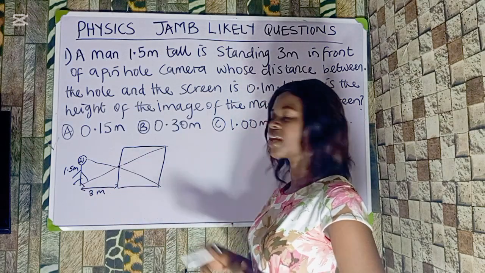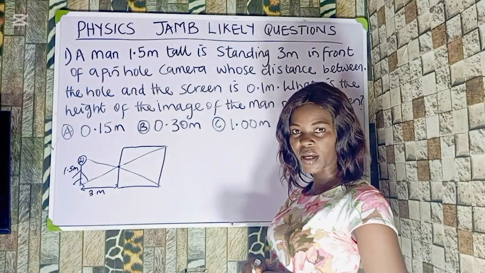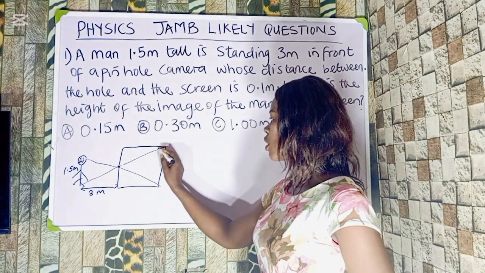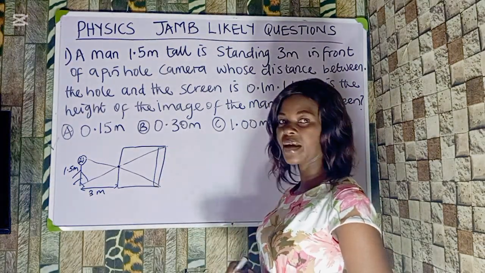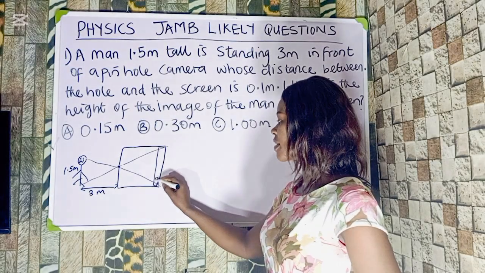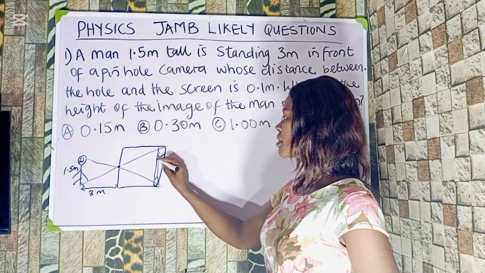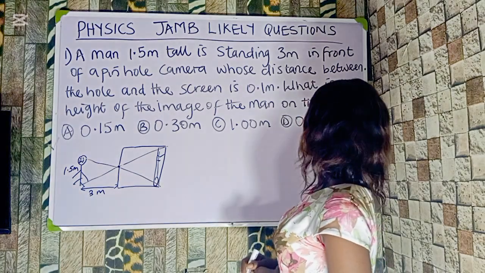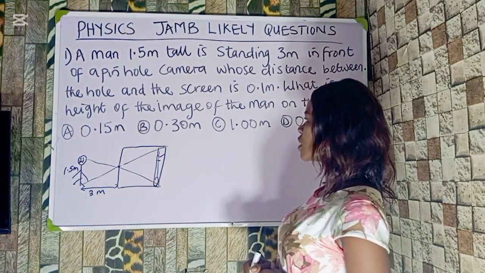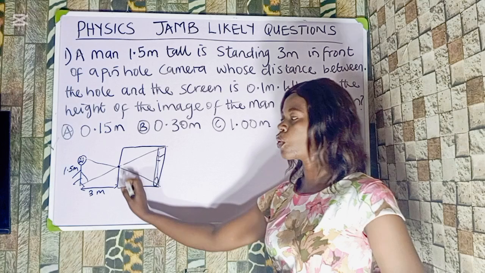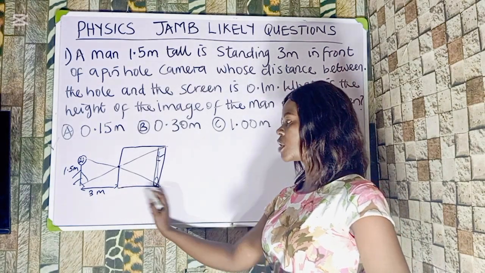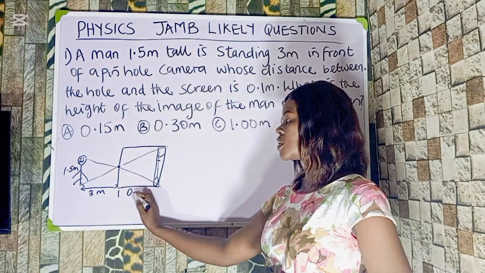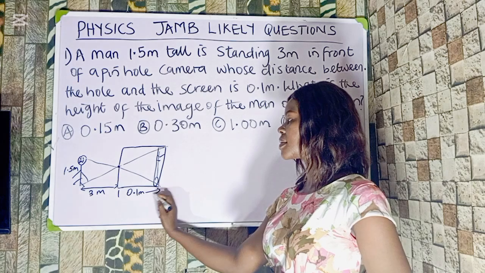There is an intersection that occurs here, so the image of this man will be found here, inverted. Is that clear? From the question, the distance between the hole and the screen is 0.1 meters.